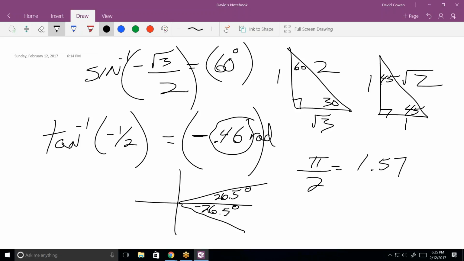Cosine is different. If you put a positive argument in for cosine, you're going to get first quadrant. If you put a negative argument into inverse cosine, you're going to get second quadrant. In other words, the two primary quadrants for inverse cosine are first and second, not first and fourth. Okay? I'm sure you'll have one coming up.